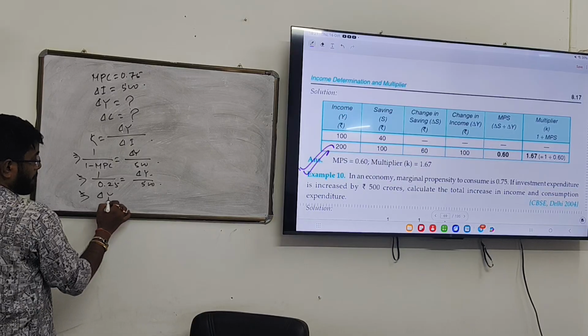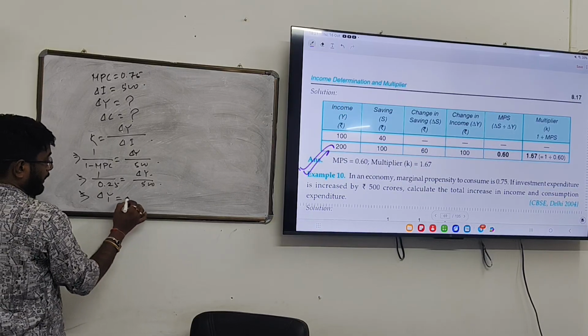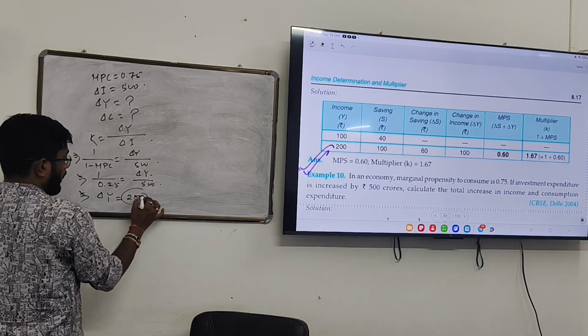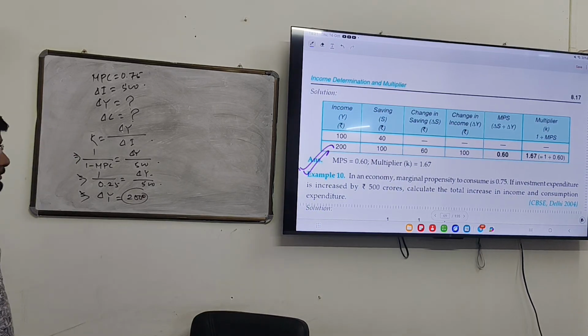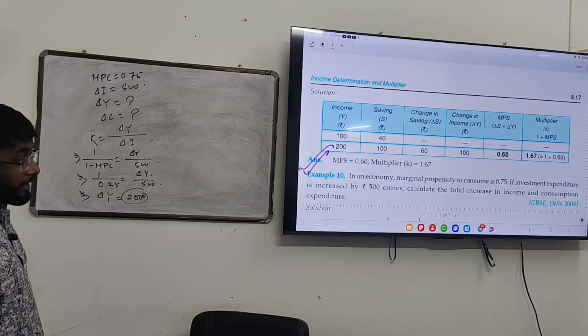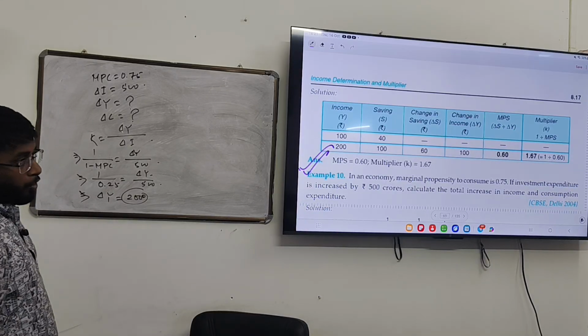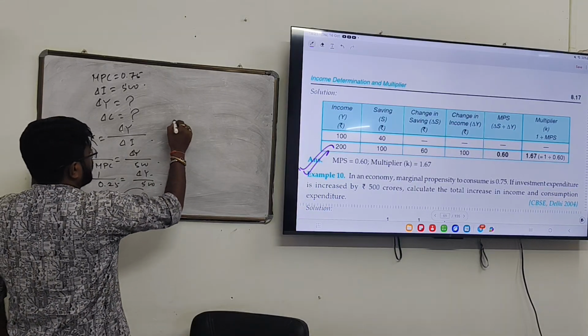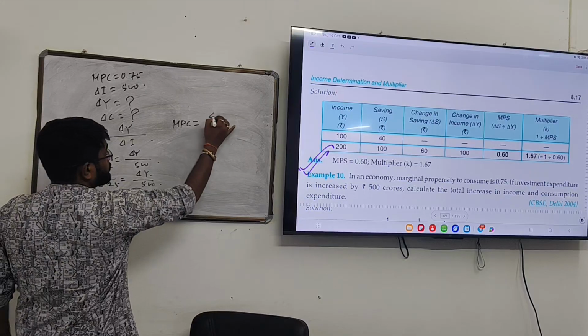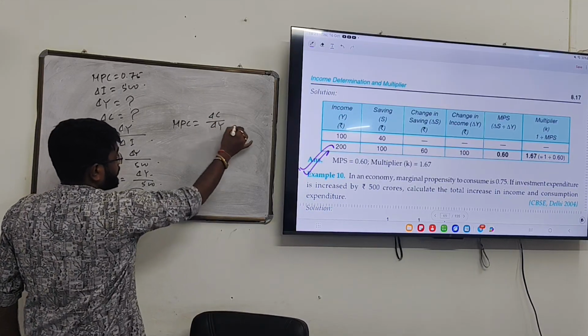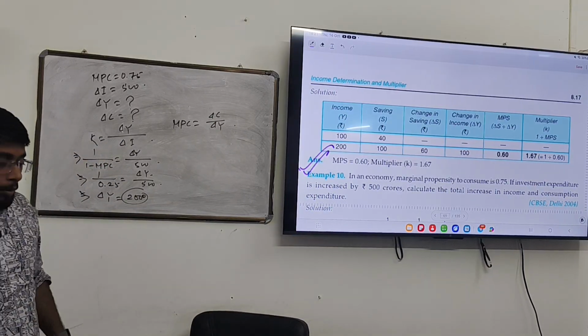Now delta Y is equal to this into this, which is 2000. Delta Y is 2000. Now what do we need? Delta C. We know MPC equals delta C by delta Y. Listen and look at the board.